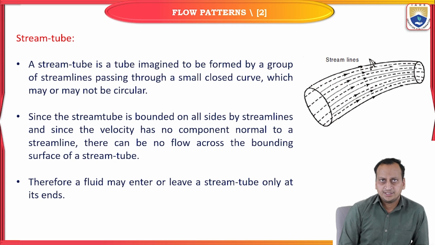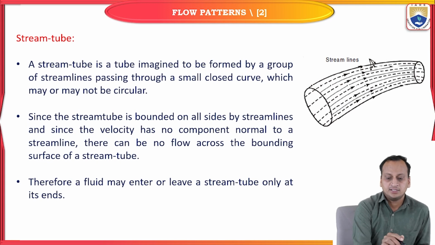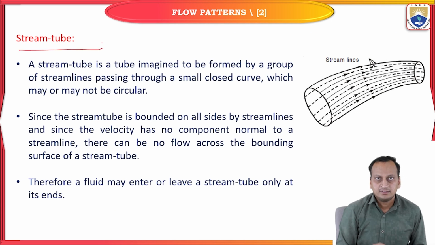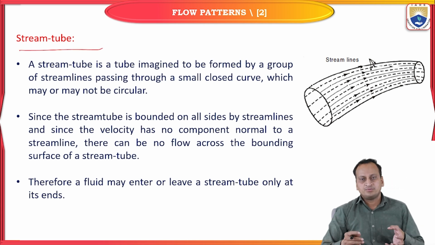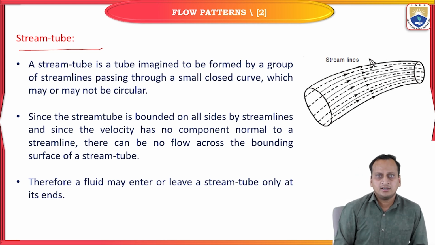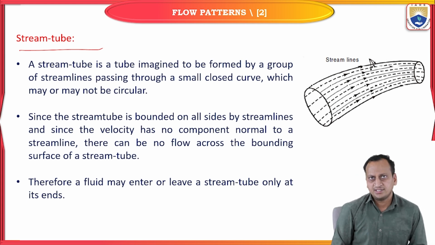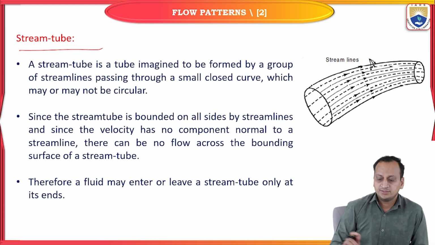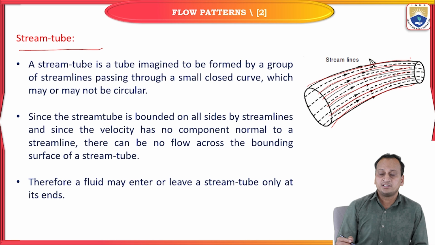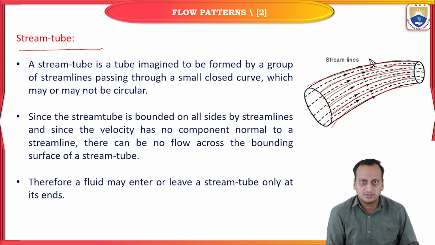Then, coming to the second flow pattern, the stream tube. The stream tube is nothing but a combination of a group of a number of streamlines. So if you join a number of streamlines in a particular fashion, here in a circular shape, but it may not be a circular one.